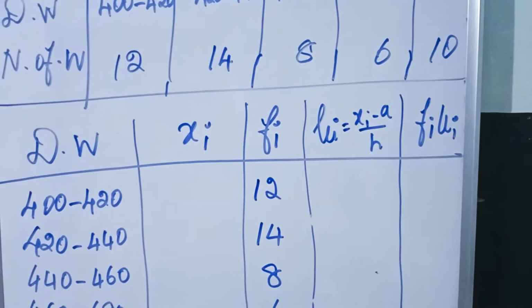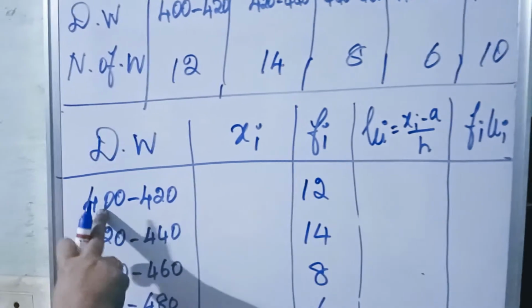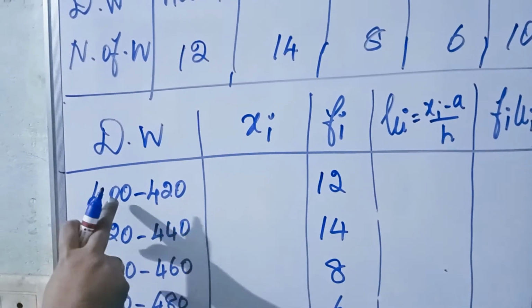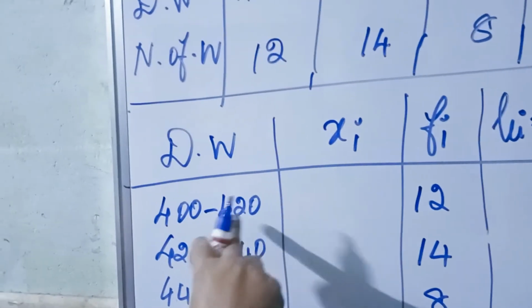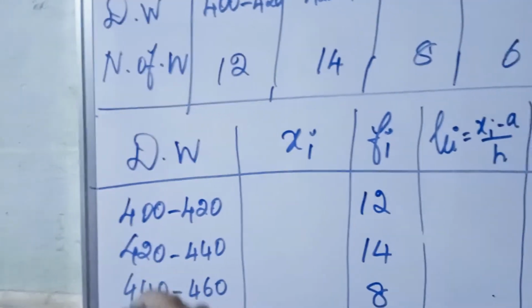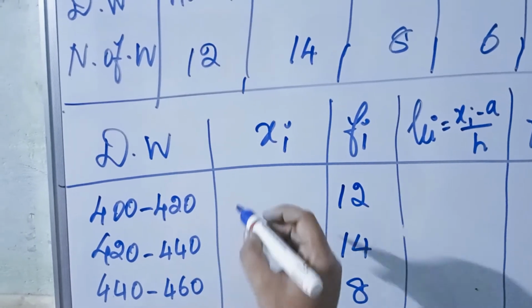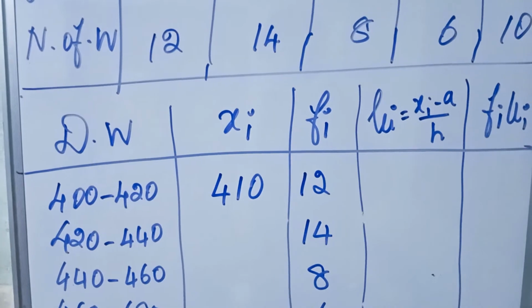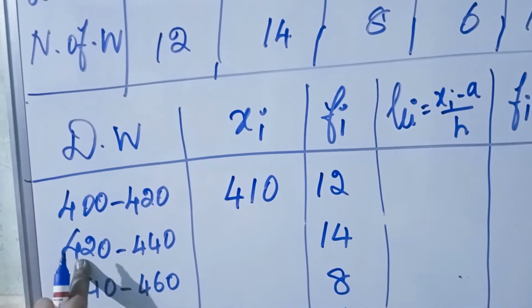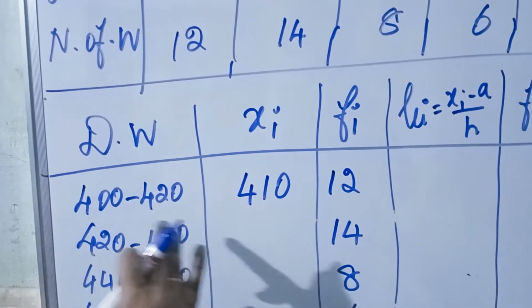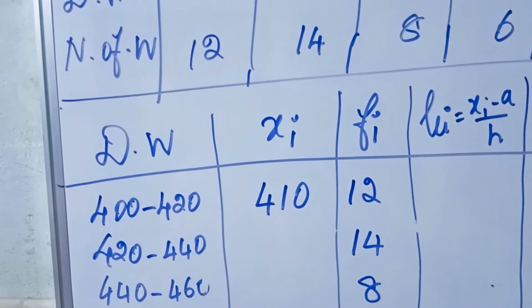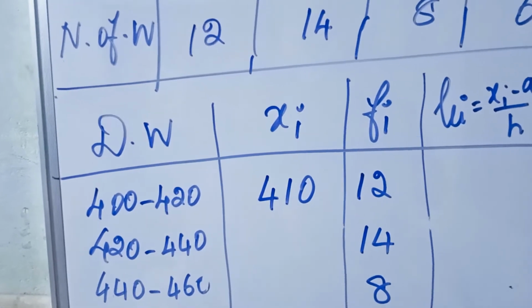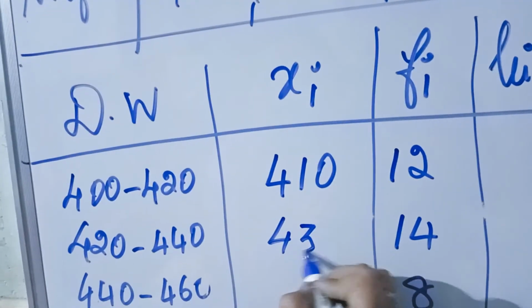Now xi means class mark. How can we find xi? You have to add the upper limit and lower limit and divide by 2. So 400 plus 420 is 820, and 820 divided by 2 is 410. I repeat, you add the upper limit and lower limit and divide by 2. 420 plus 440 equals 860, divided by 2 is 430.